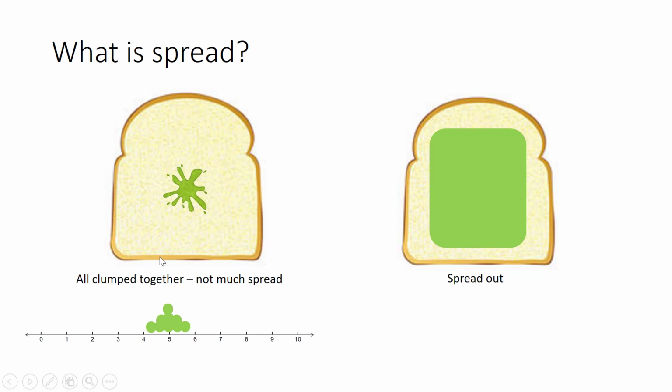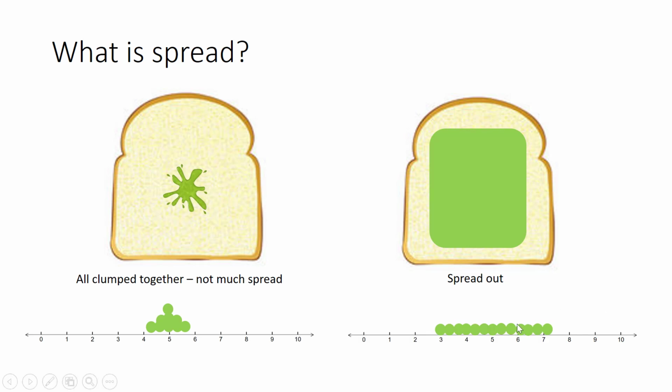So as you can tell here, the surface of a piece of bread is two-dimensional. You have the x or horizontal axis and the y-axis or the vertical axis. When we're talking about data, we're really only working in one dimension, so we can literally just plot these on a number line. As you can see here, I've represented some data points on a number line, and these are all grouped or clustered around an average of 5.